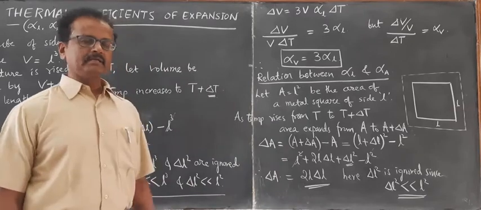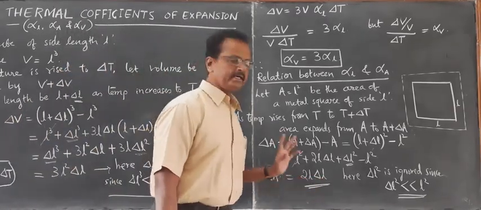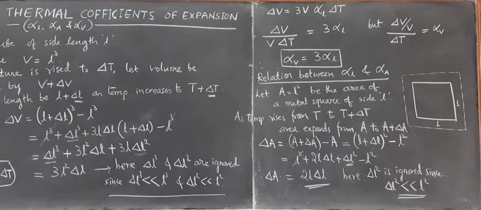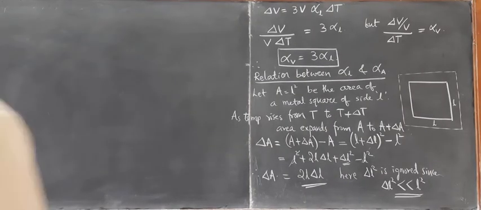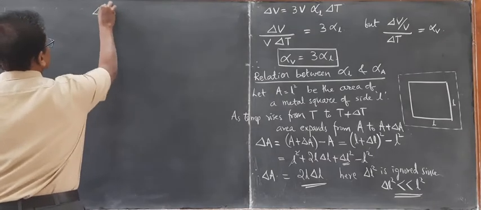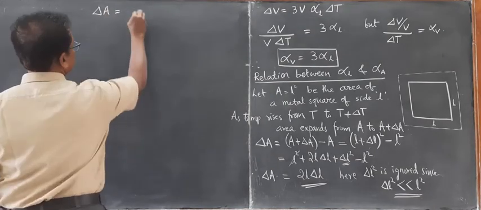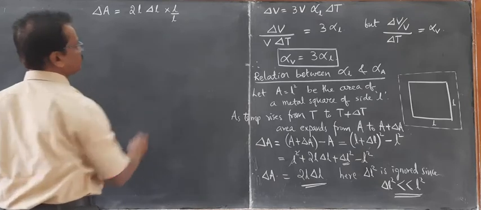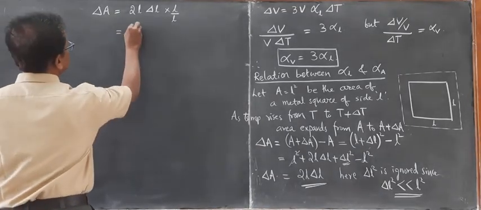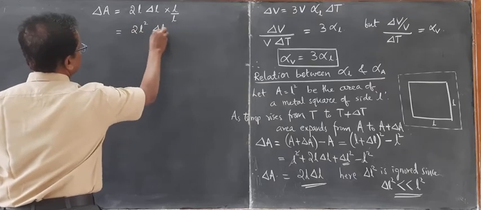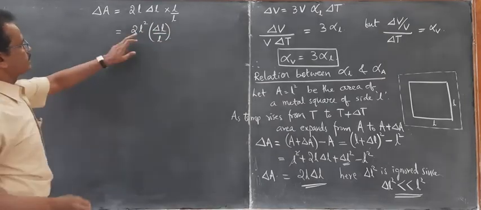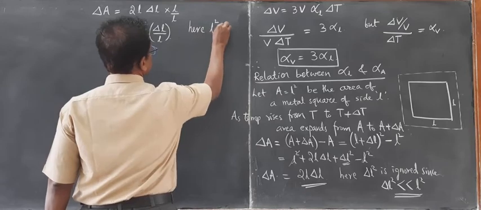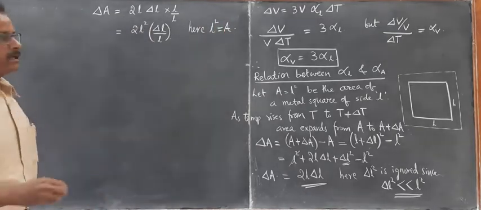Again, multiplying and dividing by L, we get 2L square delta L by L. Thus, delta A is equal to 2L delta L; multiplying numerator and denominator by L, we get 2L square delta L by L. So that L square can be substituted by A. L square is equal to A. And what is delta L by L again?